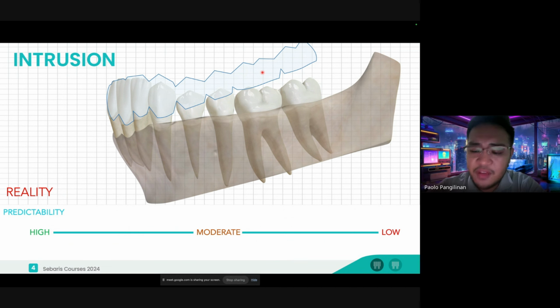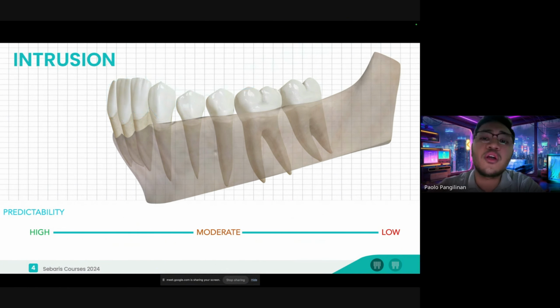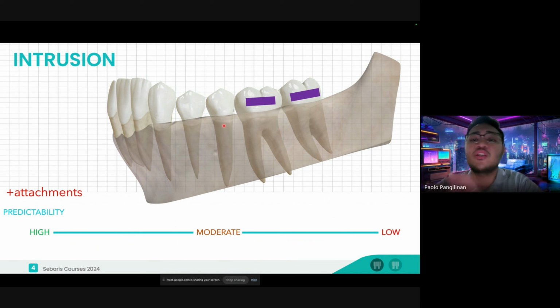So, having that said, in terms of predictability, how am I going to intrude this one properly is through the design of your anchorage. So basically, it still goes back to the basic principles. If I want to push this, I have to consider my anchorage here. Now, if I don't want to do it so much, perhaps I can place my attachments on my premolar so that I can somehow control it.